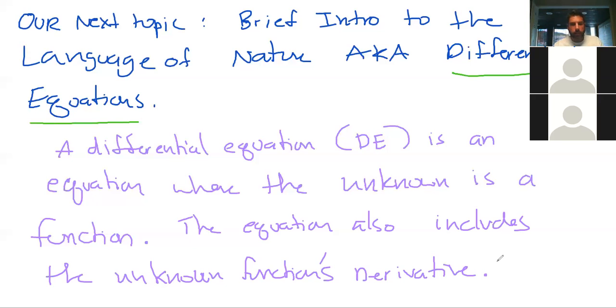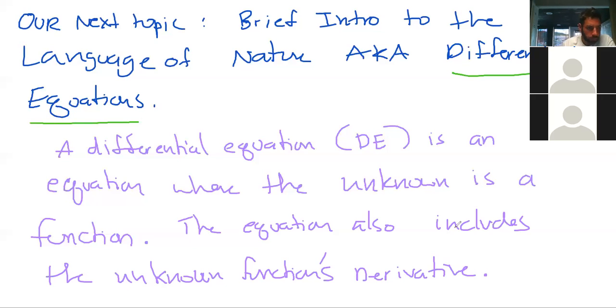So what does that mean? Well, the best thing to do is just look at some examples. And I guess I should say it could also include derivatives, maybe a second derivative, a third derivative. So what do they look like?